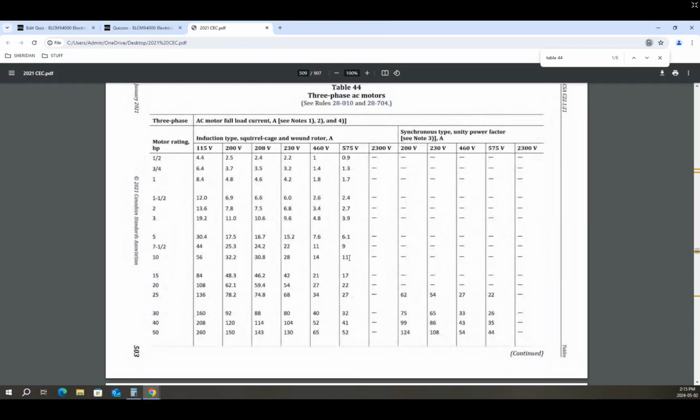So the conductor ampacity is going to be the largest FLA times 1.25 plus all the remaining FLAs. So my largest ampacity is the 22 amps.